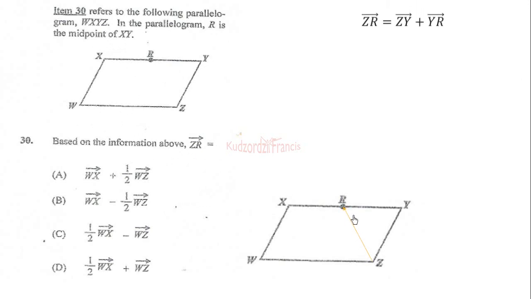ZR will be equal to ZY plus YR, from the triangular law of vector addition.